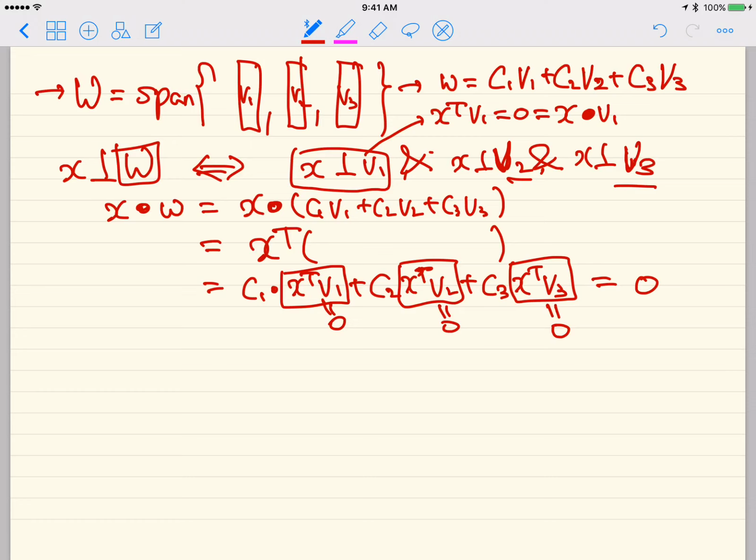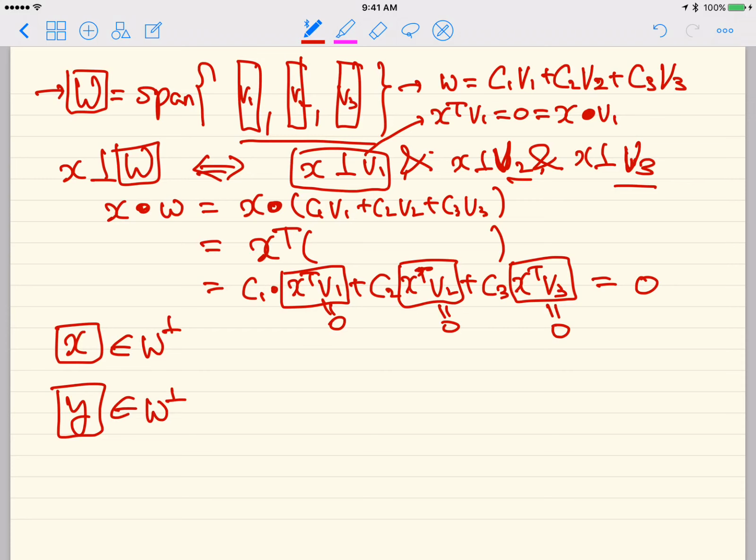Suppose your subspace W is spanned by these 3 vectors. If you want to show that this subspace is closed under linear combination, you have to pick 2 vectors, and let's suppose they are x and y. These are 2 randomly chosen vectors from W perpendicular.